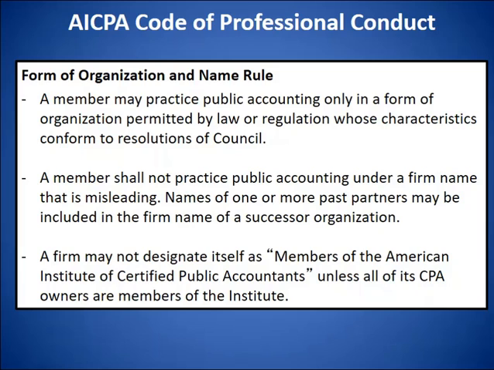As an example, I can pretty much guarantee you Mr. Price and Mr. Waterhouse died a long time ago, but their name is still there under Price Waterhouse. A firm may not designate itself as members of the American Institute of Certified Public Accountants unless all of its CPA owners are members of the Institute.